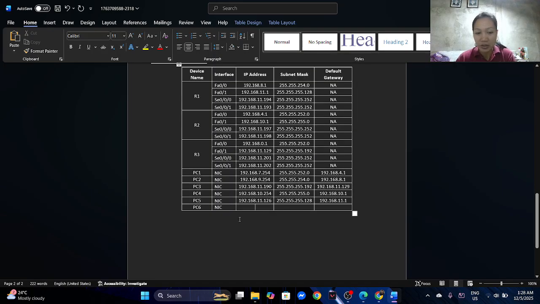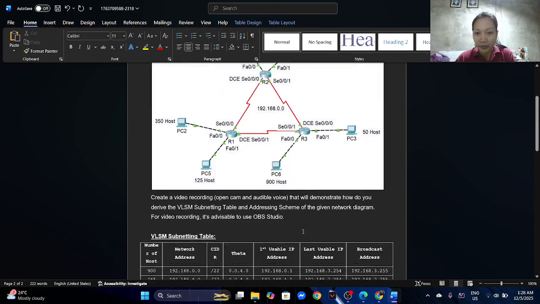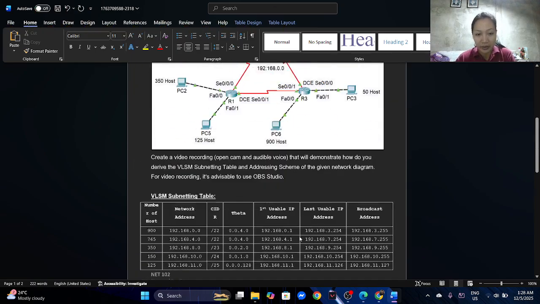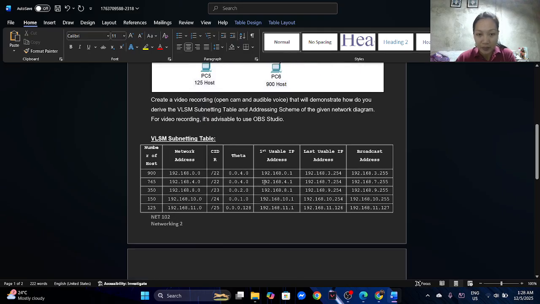So for PC6, which is host 900, host 900's last usable IP address would be the IP address.